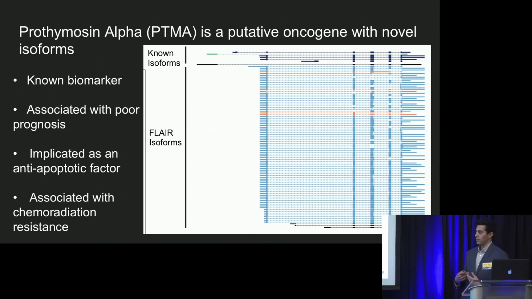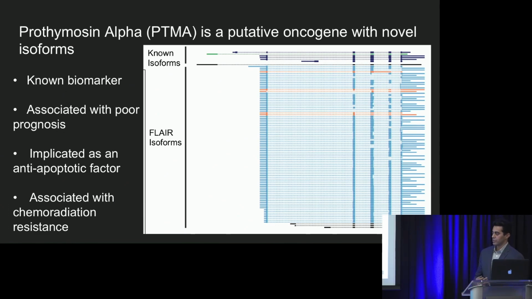There are some functions that are known about PTMA, which is that it's associated with poor prognosis in different cancers. It's implicated as an anti-apoptotic factor, which means that it kind of goes against cell death. It helps the cells stay alive. And it's also associated with chemoradiation resistance.